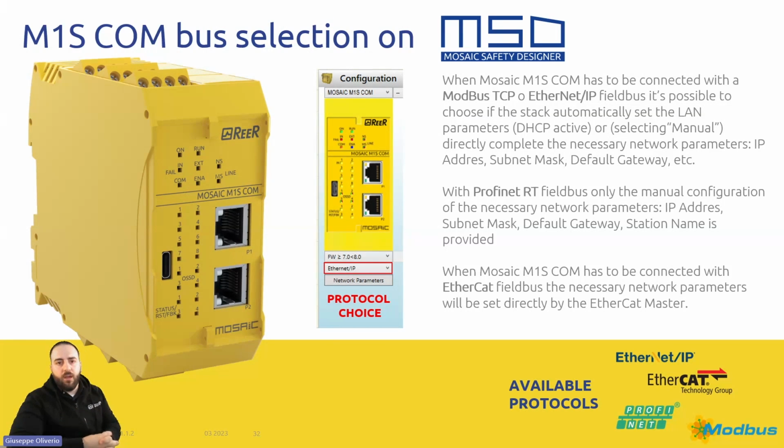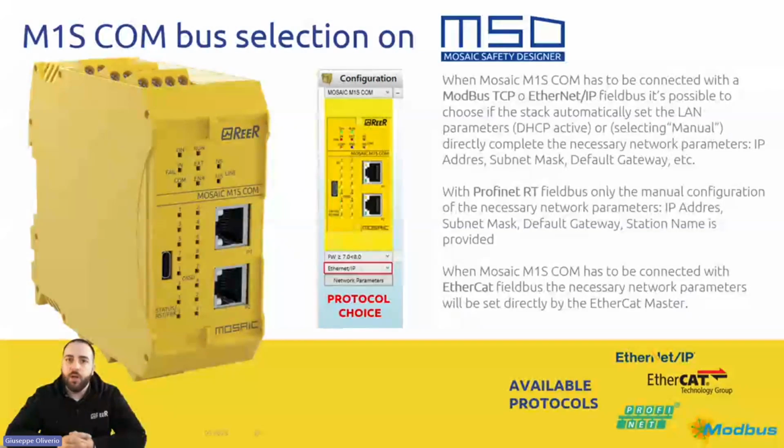With the Profinet, you have to assign the same name on the PLC and on the software here on the MSD. With EtherCAT, everything will be done by the controller. In case you are asking, yes, the modules support the EOE function, the Ethernet over EtherCAT function. So if the controller supports it too, we are able to assign that virtual IP to the module.